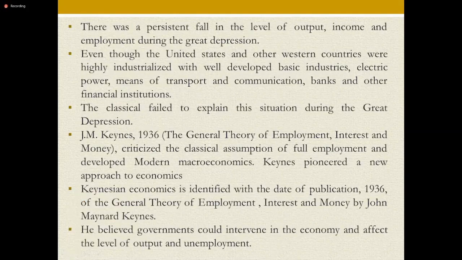That means the gross domestic product of an economy was continuously decreasing, and also income and employment. We can see a continuous falling of the level of output, income, and employment in this Great Depression.